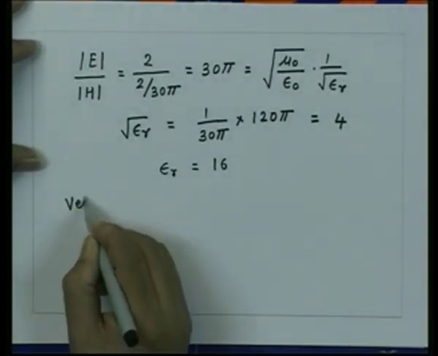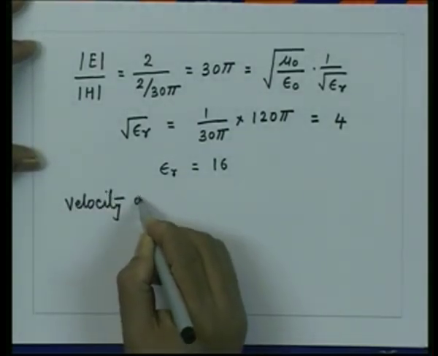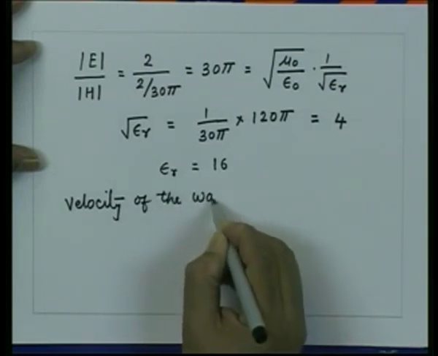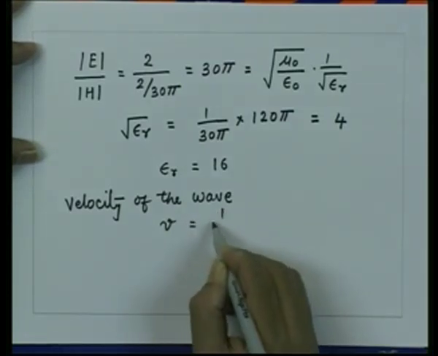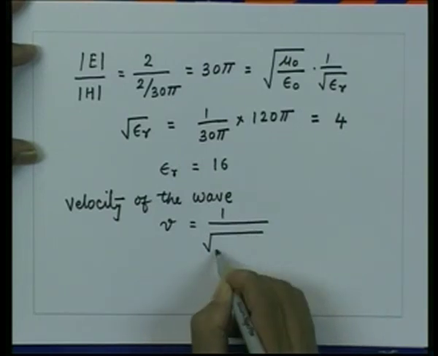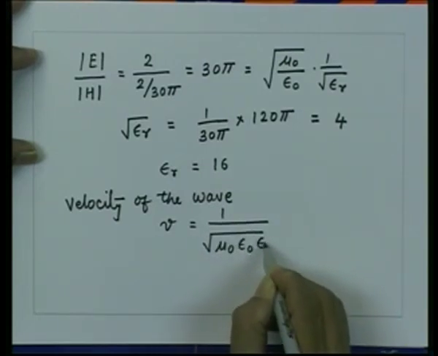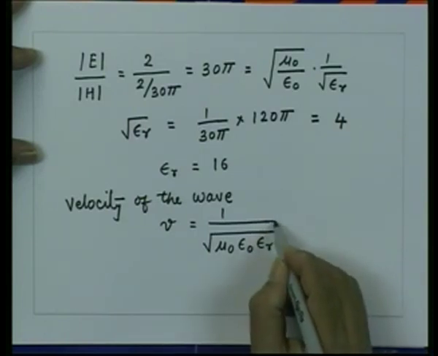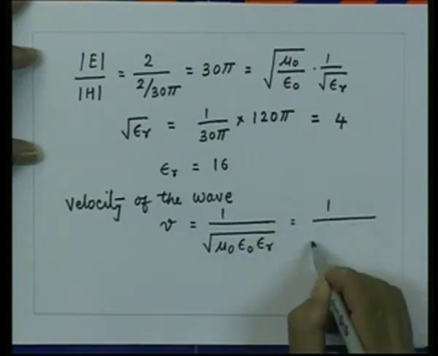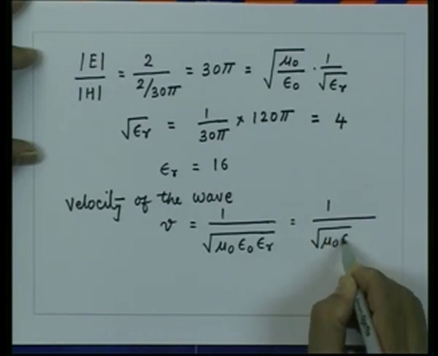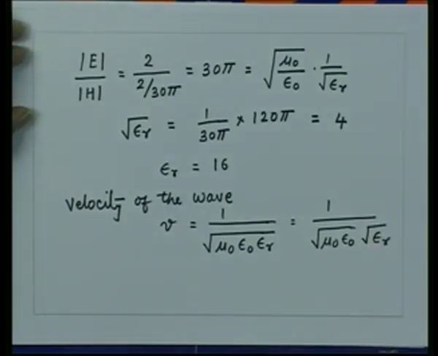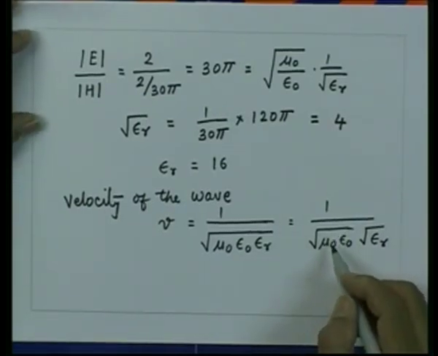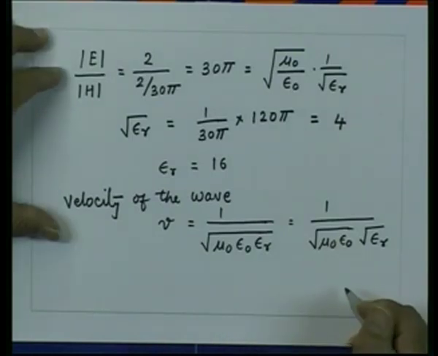The velocity v will be equal to 1 upon square root of mu 0 epsilon 0 epsilon r, so equal to 1 upon square root mu 0 epsilon 0 times square root epsilon r, and 1 upon square root mu 0 epsilon 0 is nothing but the velocity of light in free space, which is 3 into 10 to the power 8 meters per second.